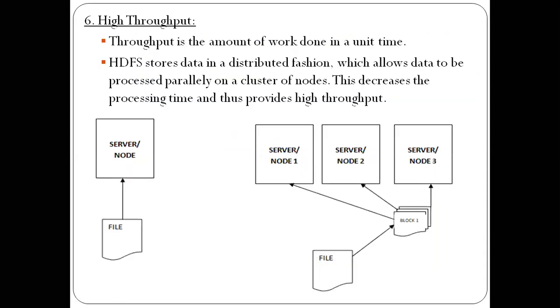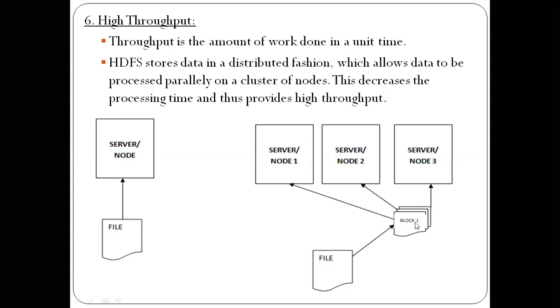High throughput. Throughput is the amount of work done in a unit time. If we take a traditional system, a single server node is used. Say a file is to be processed using a server, which takes some 40 minutes of time.